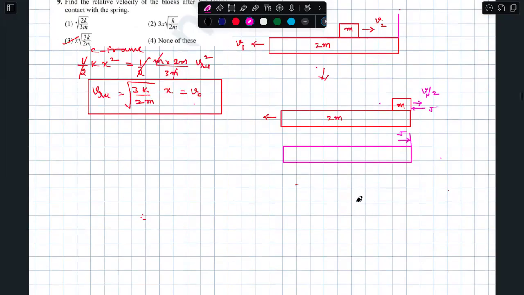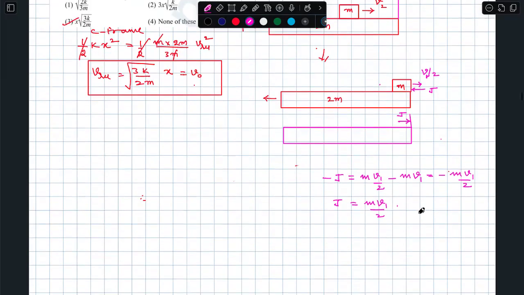So you said that minus J, impulse, is change in momentum. Agreed? So this is nothing but minus mv1 by 2. So wherever J is there, I can write mv1 by 2.